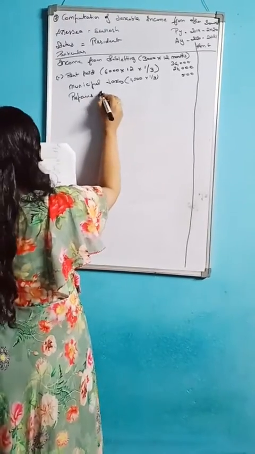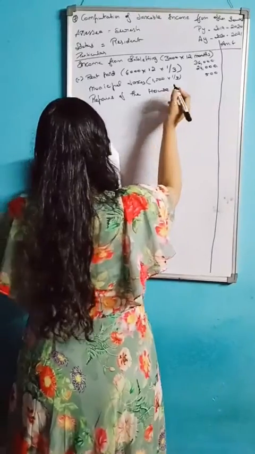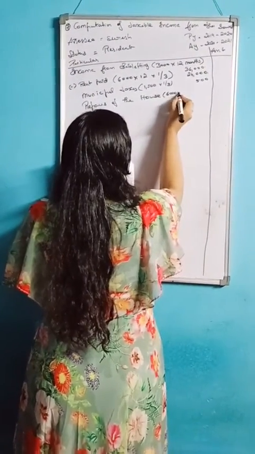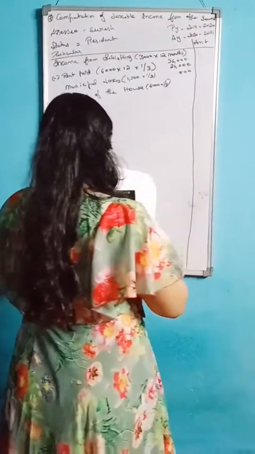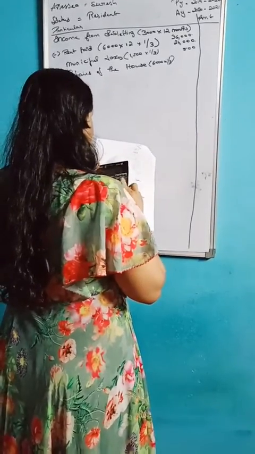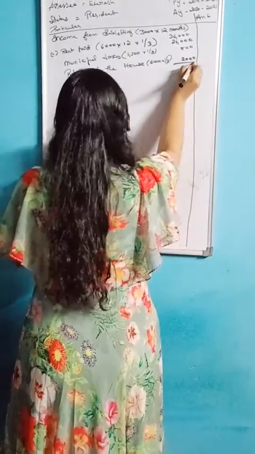Repairs of the house. In the question they have mentioned 6,000 into 1/3. So 6,000 into 1/3 you will get 2,000, and just minus it.